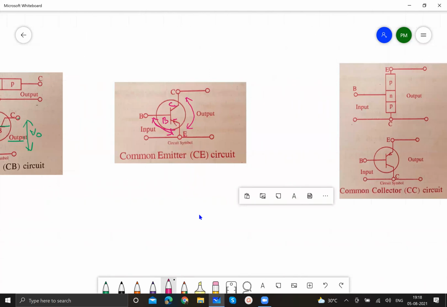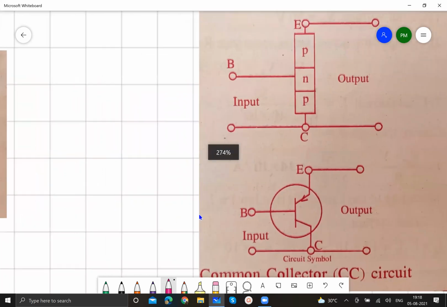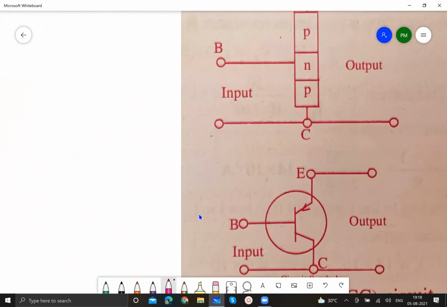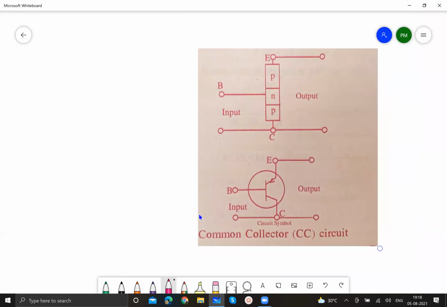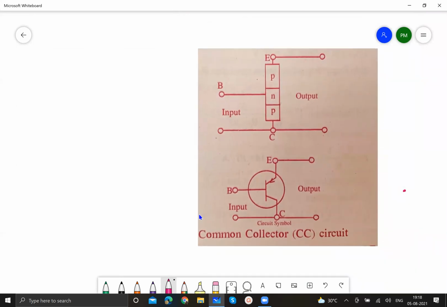Then coming to this. Now you can have a clear look. Again, PNP transistor. You can show the conventional diagram without circuit symbol also. This is base, and this is emitter.